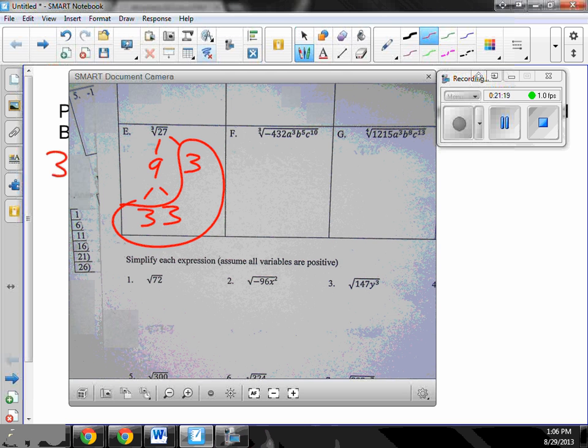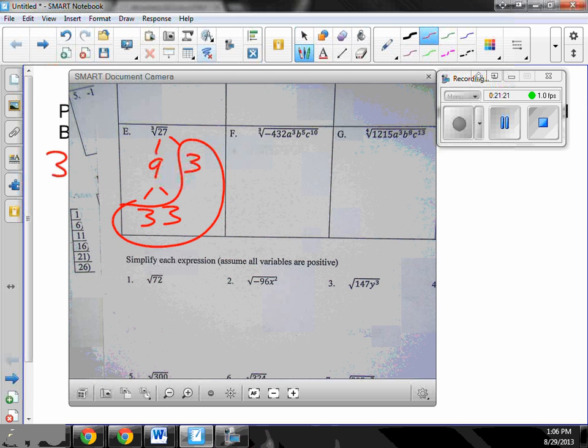Am I going to have an i in part F? No i in F. It's a cubed root. The only time you have i's is when the root is even. So the number I pull out is going to be negative. So negative, help me out here, 8.